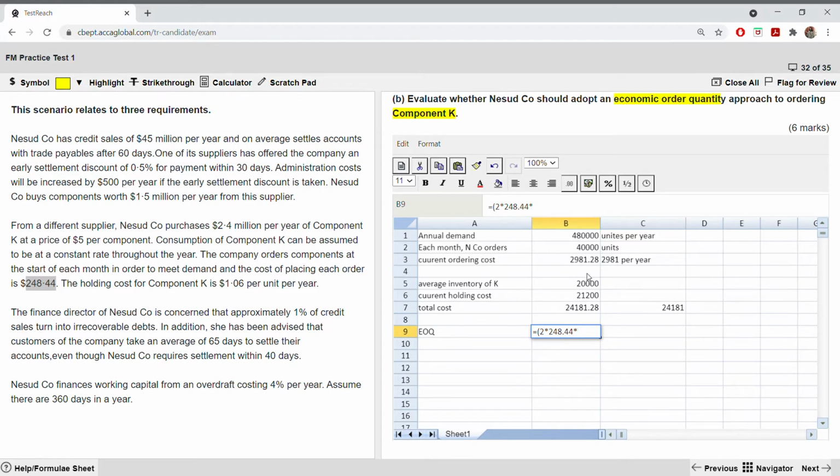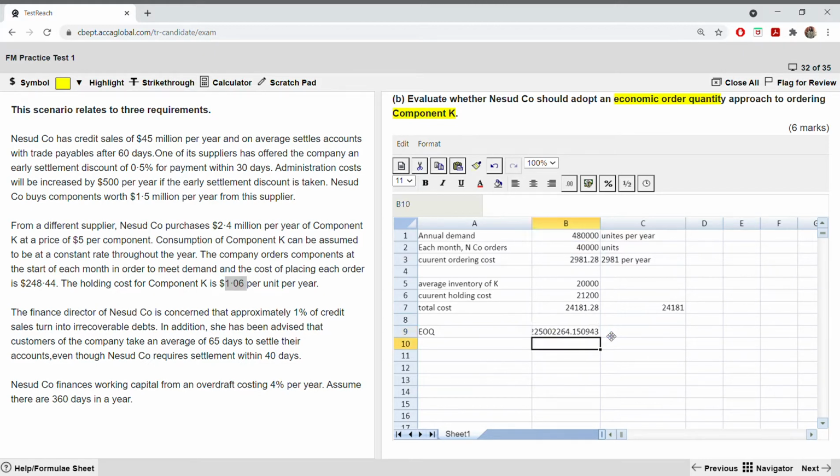What is your demand? 480,000 units. Before dividing, put a bracket, close bracket, then divide the whole thing by 1.06. Why 1.06? That is the current cost of holding. Now press enter.